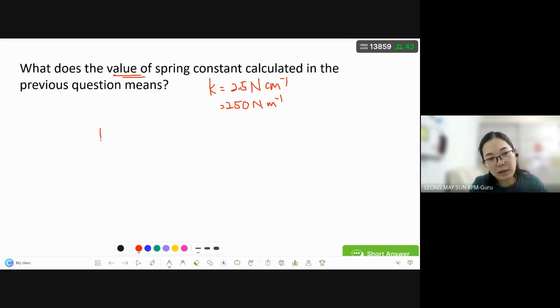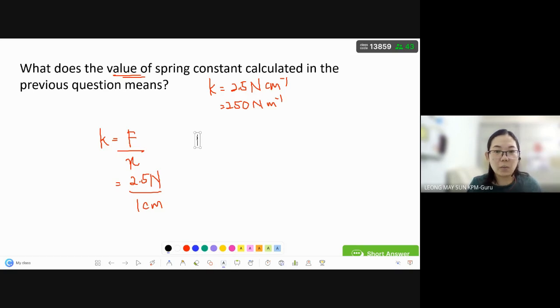So if you take the formula, always remember, recall back the formula. All right, the formula for spring constant is force over extension. So if it's 2.5 Newton per centimeter, it means 2.5 Newton over 1 centimeter.